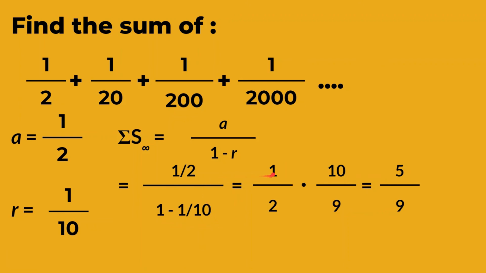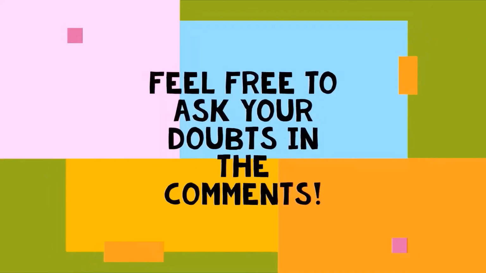So it will be 1 upon 2 into 10 upon 9, because we'll take the reciprocal as this was in the denominator. So 2 and 10 have a common factor 2. So this will become 5. So it will be 1 into 5 upon 9, that is 5 upon 9. And this was the same answer we got in our previous video. So this is correct.